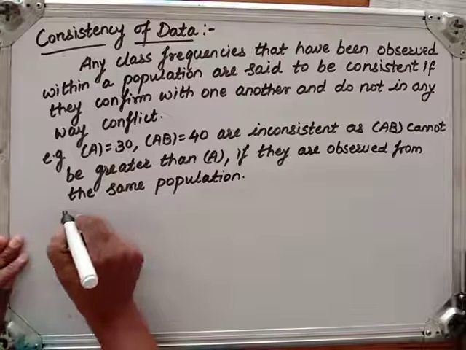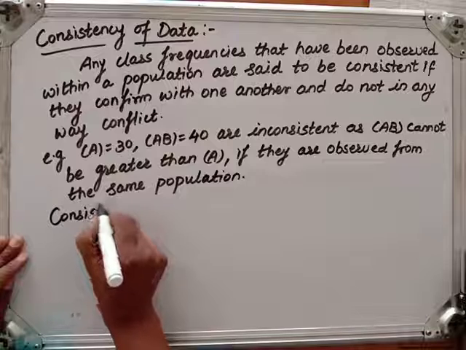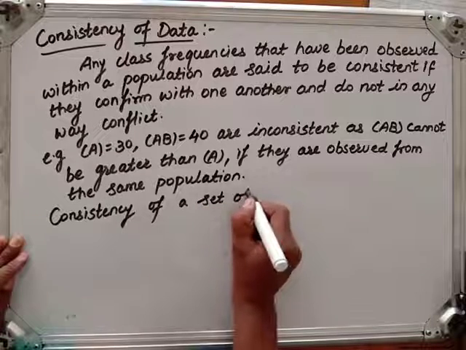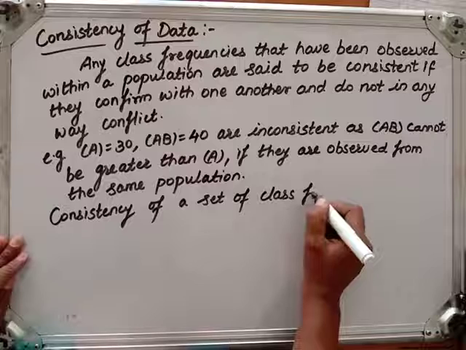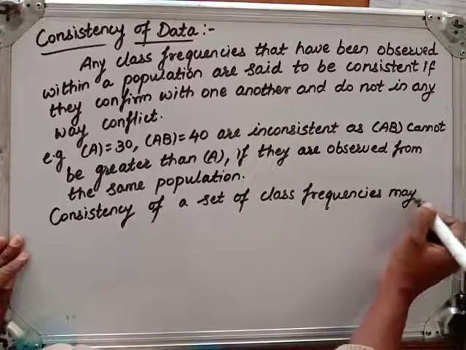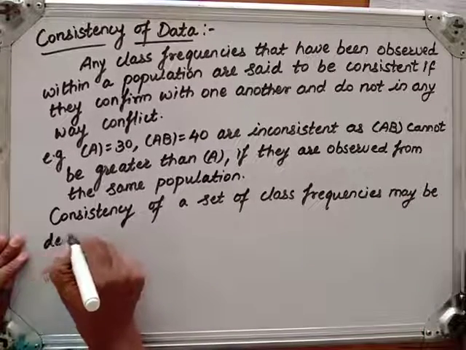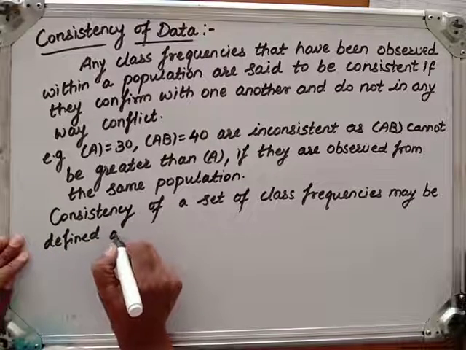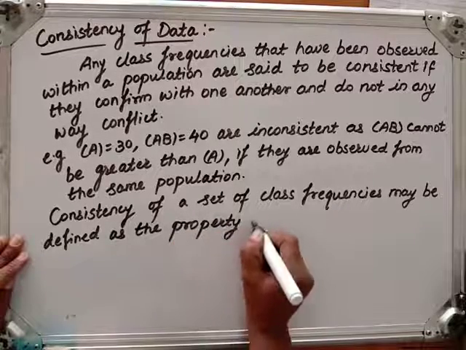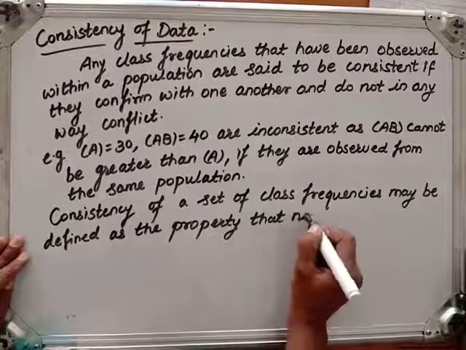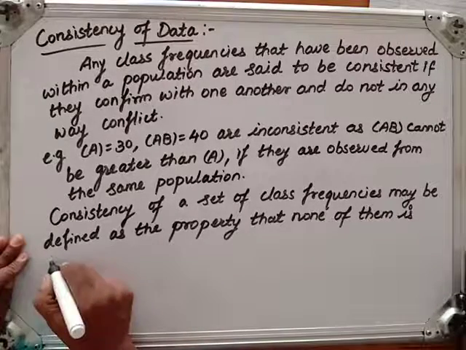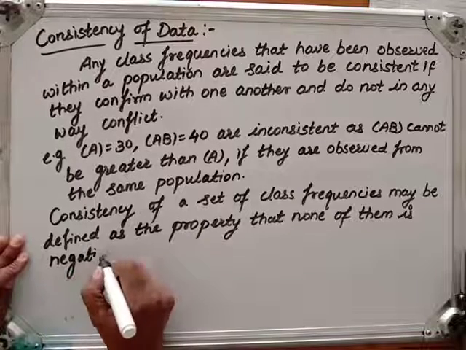Another definition: the consistency of a set of class frequencies may be defined as the property that none of them is negative.